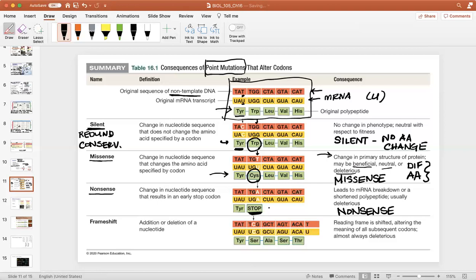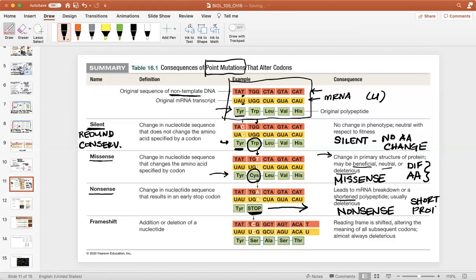So you can see that basically translation has stopped. We stop making amino acids because that's what this codon tells us to do. This ends up causing a shortened protein or a shortened polypeptide. We'll put short protein.